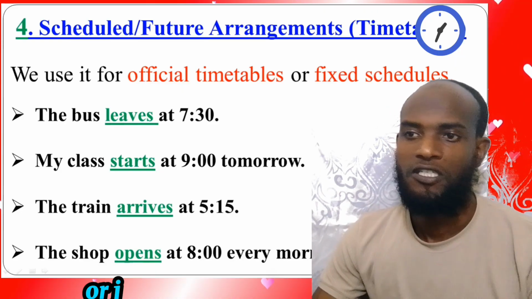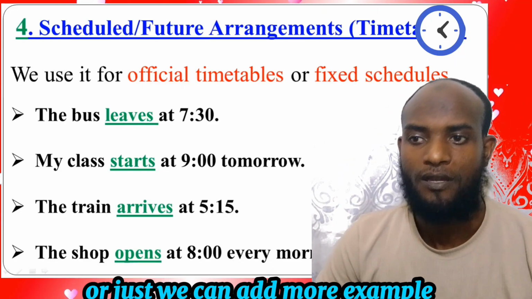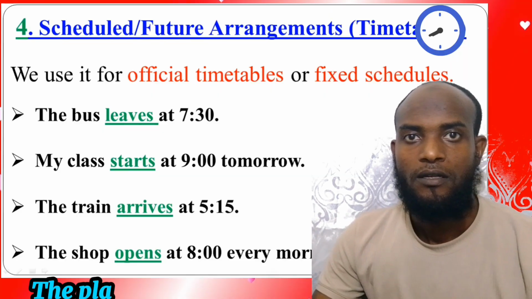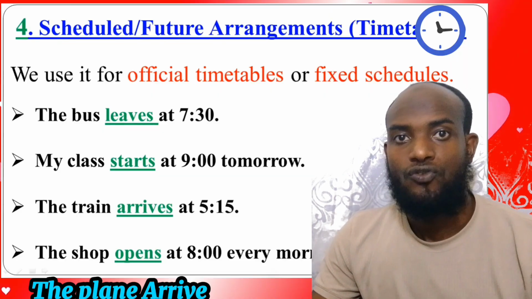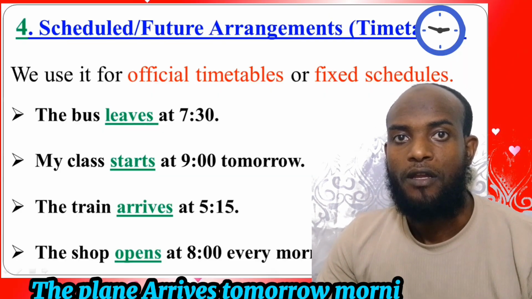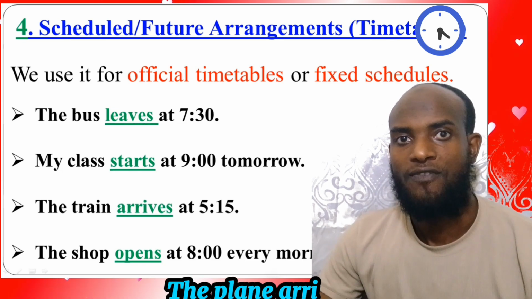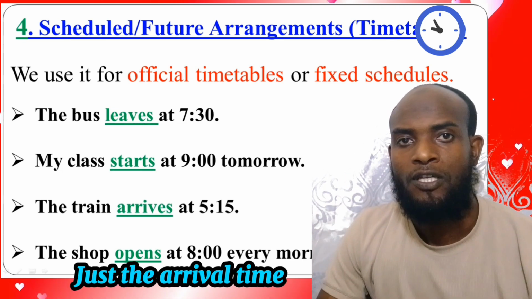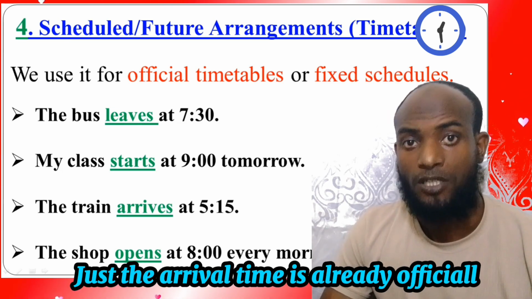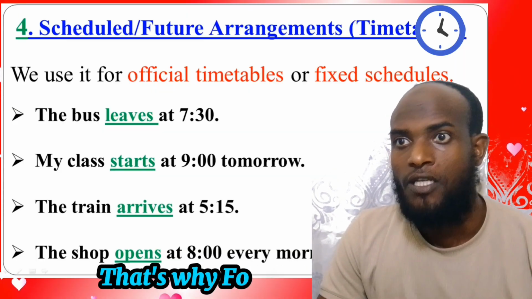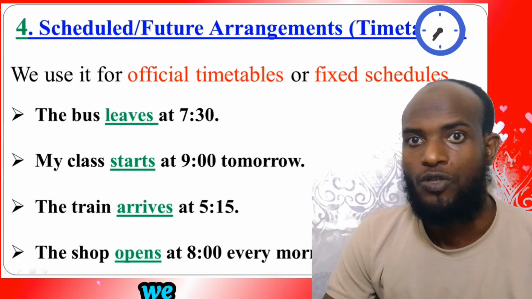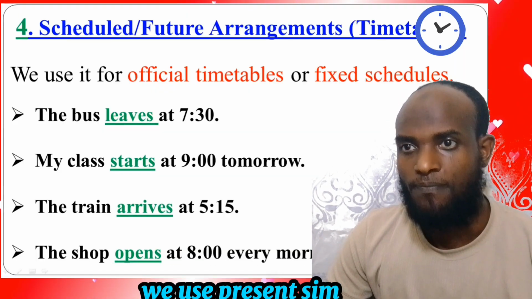Or we can add more examples: the plane arrives tomorrow morning or tonight. Why? The arrival time is already officially scheduled. That's why for scheduled future arrangements, we use present simple.